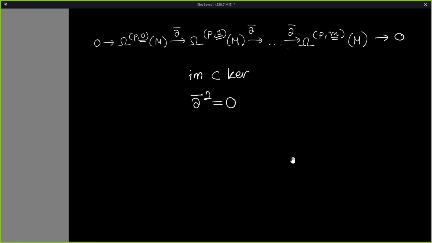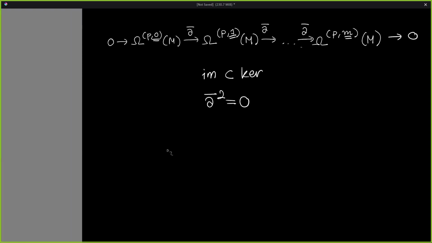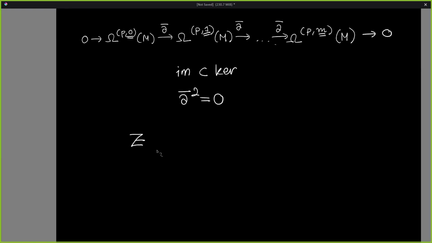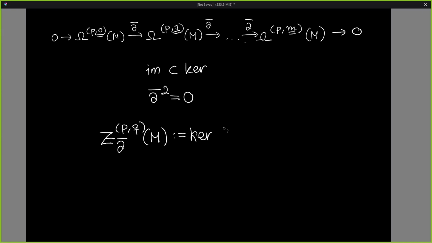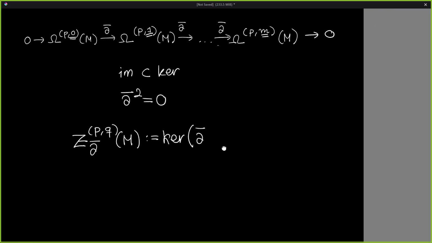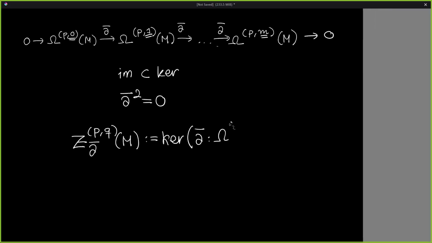So now we have Z partial bar^{p,q} on M, which is the kernel of partial bar from omega^{p,q} M to omega^{p,q+1} M. Very simple.